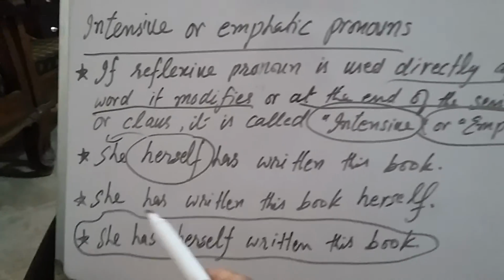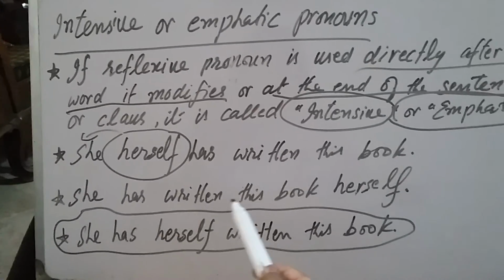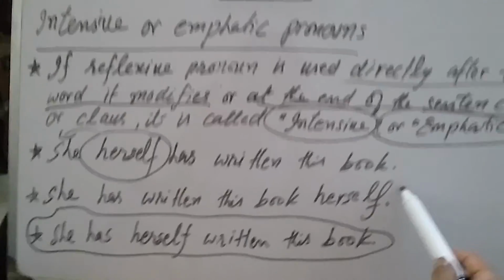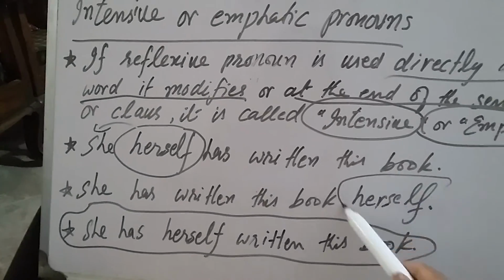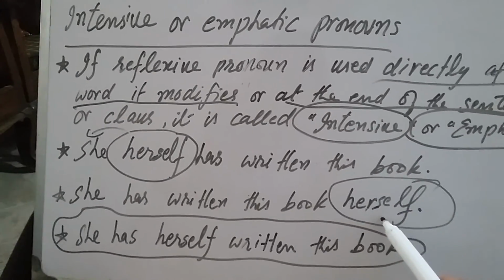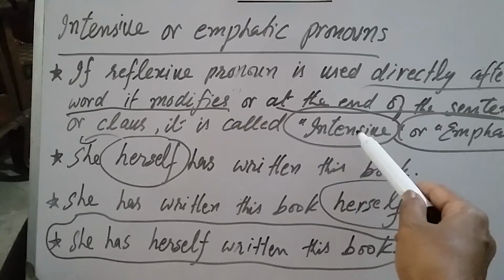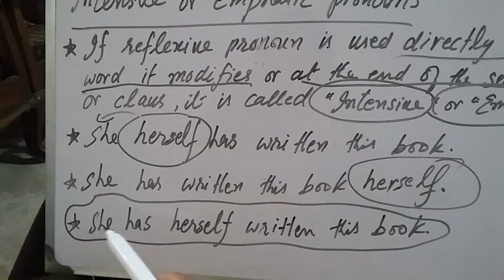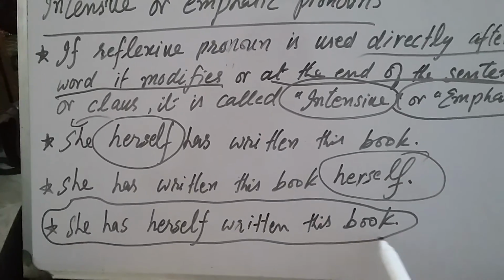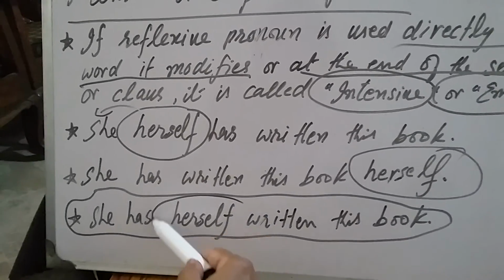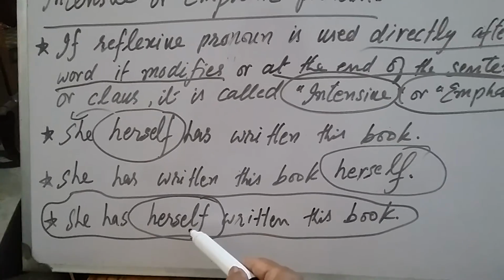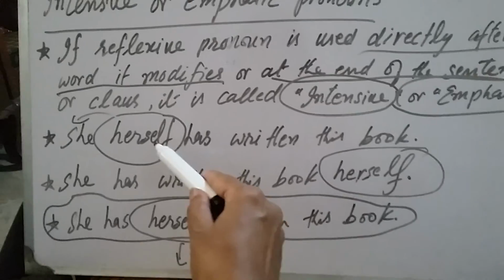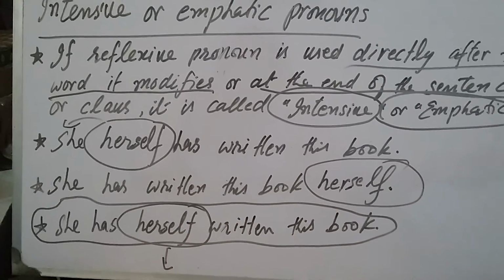The second example, she has written this book herself. Here herself is written at the end of the sentence, so it will be called an intensive or emphatic pronoun. Look at the last one: she has herself written this book. Here it is written in the middle of the sentence, so it will be called reflexive, but the other two will be called intensive or emphatic pronouns.